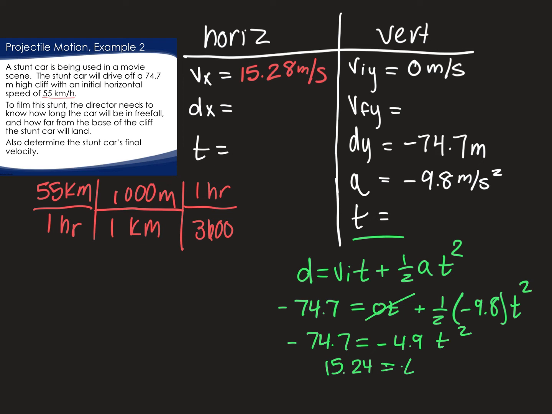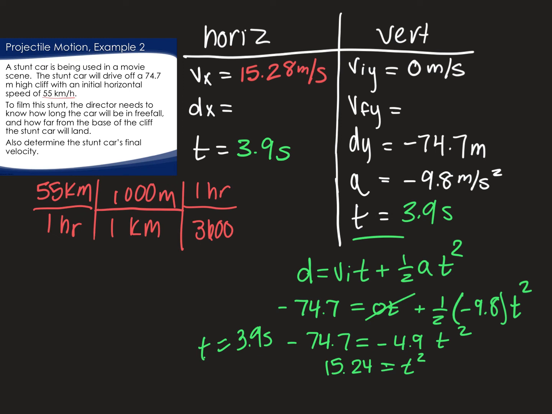That's me rounding it. I don't want to round at that point, but I'm just leaving it in my calculator and then taking the square root. So then T is 3.9 seconds. Again, I rounded it to write it down, but I left it in the calculator and took the square root of the whole big long decimal, so I got a more exact time. Okay, so if it's 3.9 seconds vertically, it's 3.9 seconds horizontally.